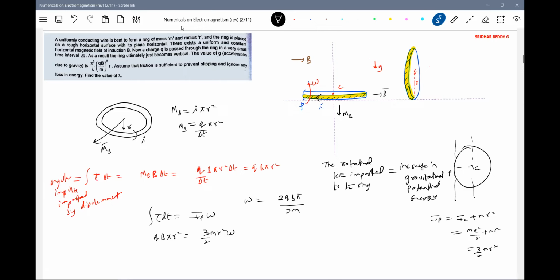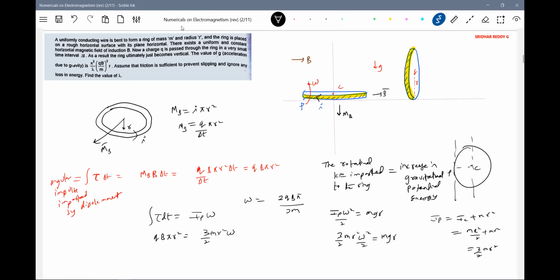So IP omega square by 2 should be equal to mg into r. Mr square omega square by 2 equals mg into r.